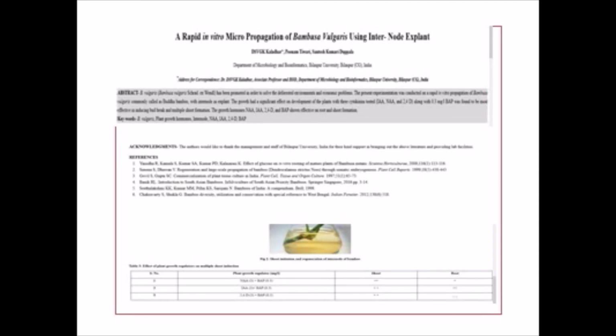Next is the abstract, a brief abstract which provides brief information, keywords, and finally the acknowledgements and the references. The figures and illustrations can be provided as fig 1, fig 2 and so on, or figure 1, figure 2 and so on, with the tables numbered sequentially as table 1, table 2 and so on.